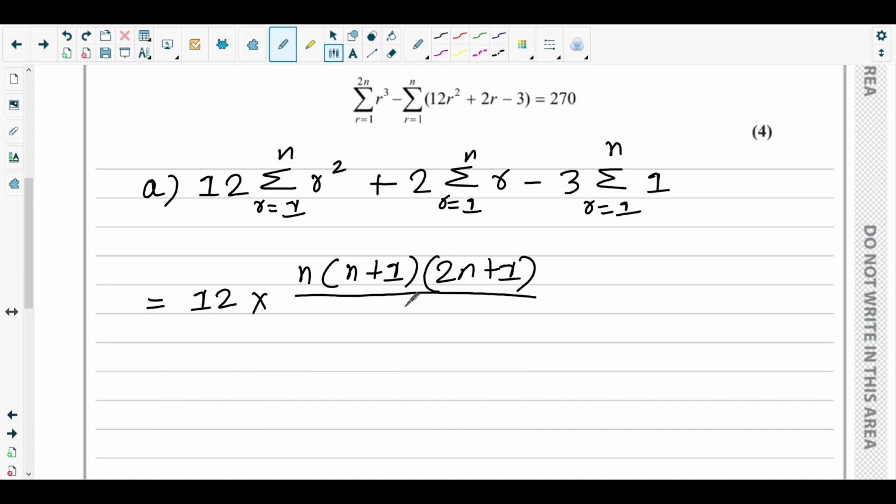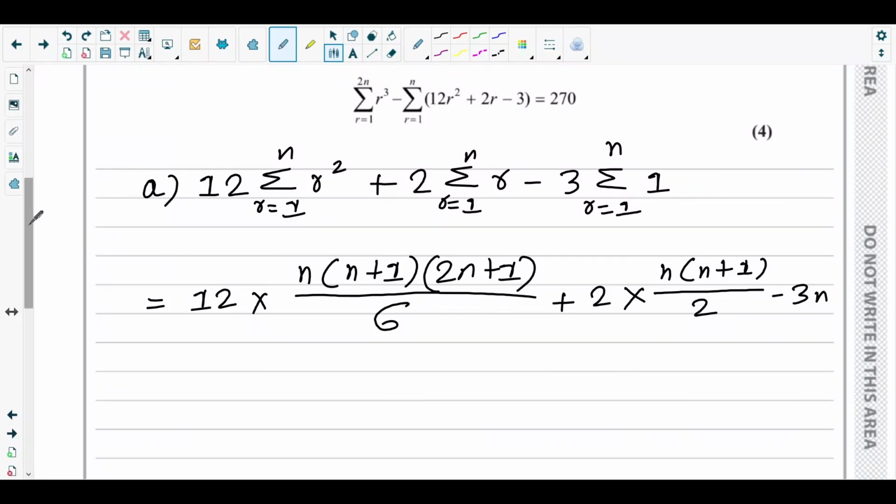This is the formula for the sum of the squares of the natural numbers, plus twice the sum of r. The sum of r is basically the sum of natural numbers, which is n times n plus 1 over 2. And then negative 3. There will be n number of ones, so that would be negative 3n.